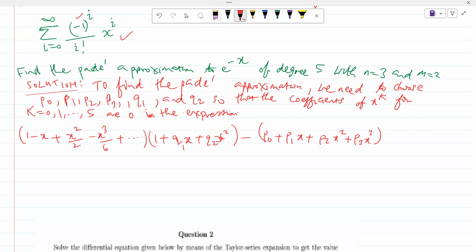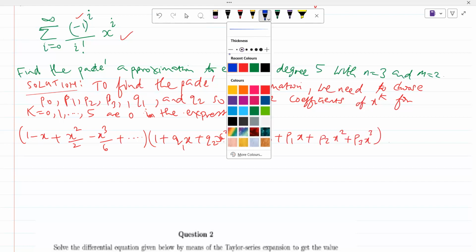Okay, so we have this. And then now we say, we have this. And then we continue to say expanding. You'll understand what all these things mean.